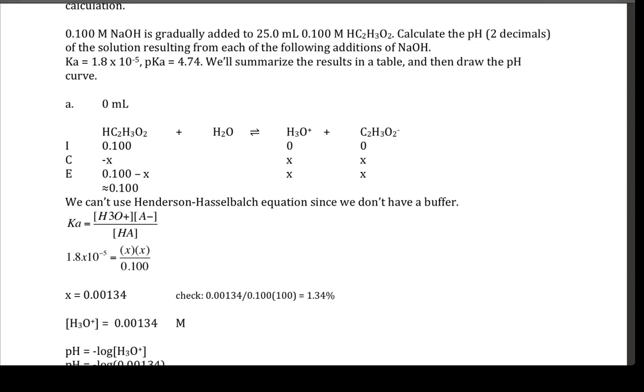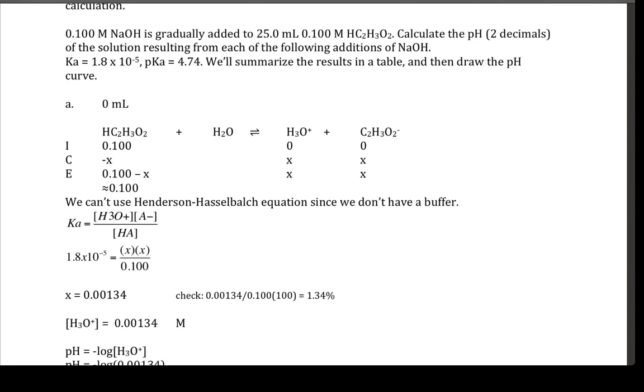Now, we can't just take the negative log of its stock concentration as we could with the strong acid because, well, it's a weak acid. So we have to run through the ICE table. Notice that we have no initial amount of C2H3O2 minus, no initial amount for the A minus. We cannot therefore use the Henderson-Hasselbalch equation.